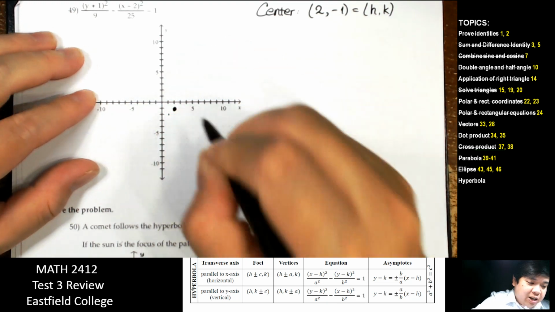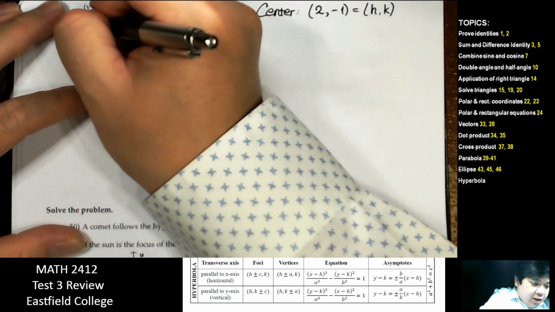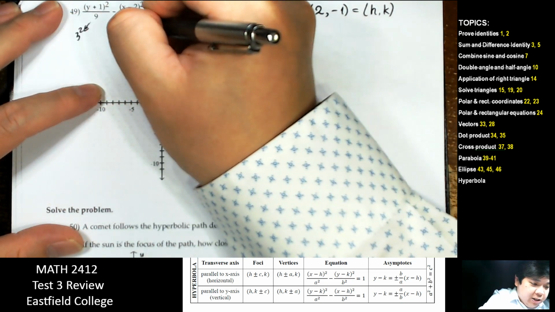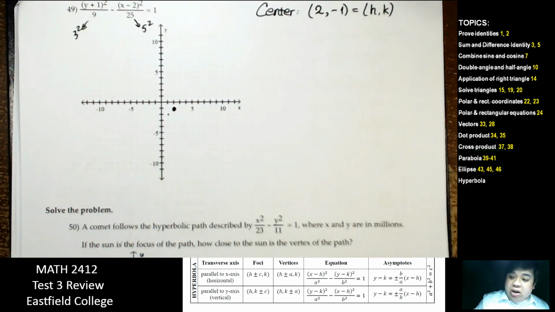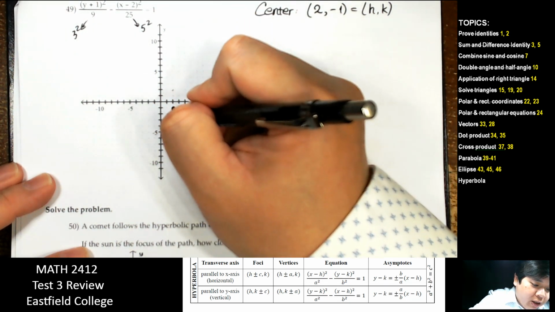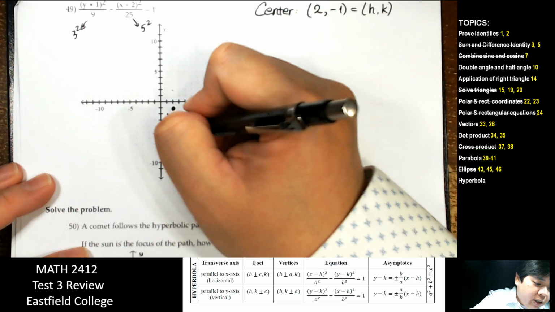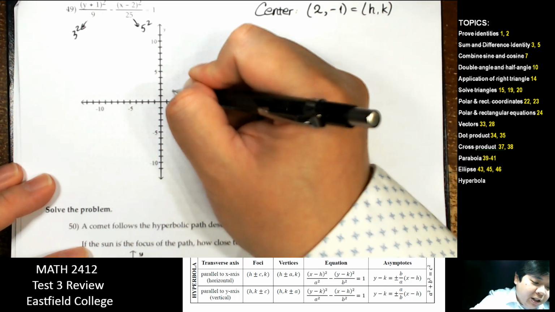So that is the center. And then we take the square root of this. So we have 3 units on the y direction, meaning up and down. 1, 2, 3 up, 1, 2, 3 down. Right here. 1, 1, 2, 3. There.